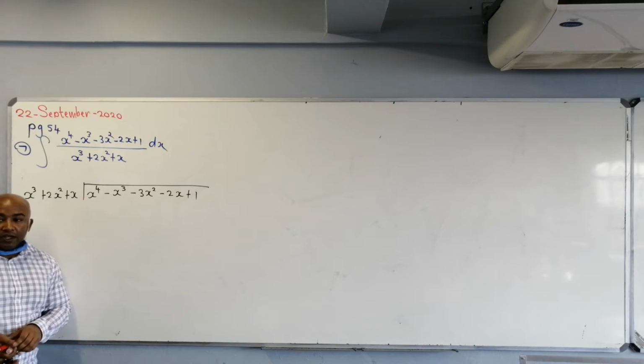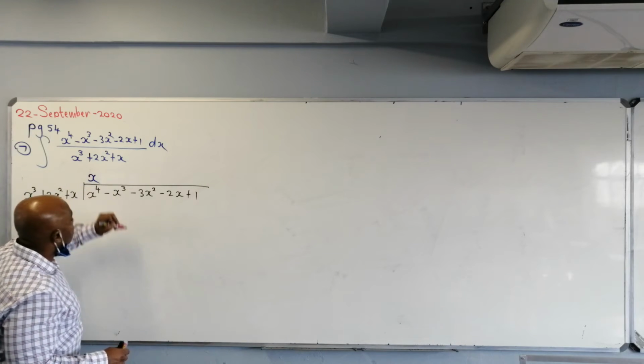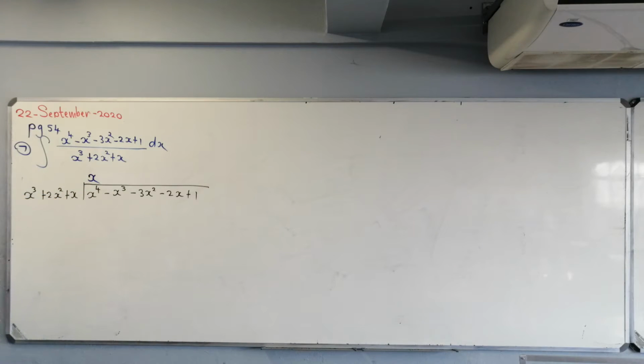Now, step number 1 is divide. So x to the power 4 on the top divided by x to the power 3, and that will give you just x. You're clear with that? Now, you will multiply whatever you got, not only by term 1, but by all other terms.